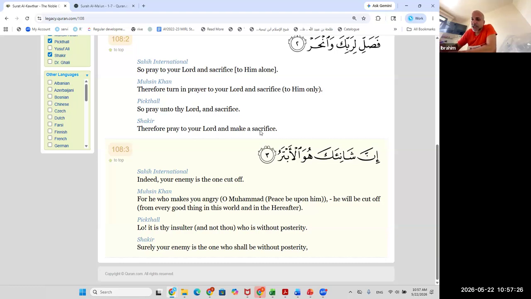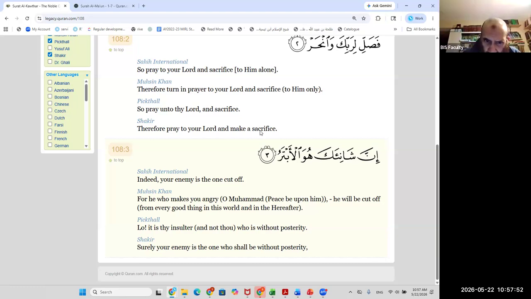شانئك. All right, so this is a جملة اسمية because it's starting with shani, which is translated as enemy. Is there another translation for shani?